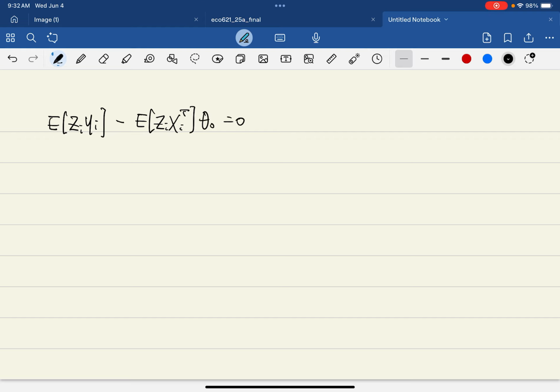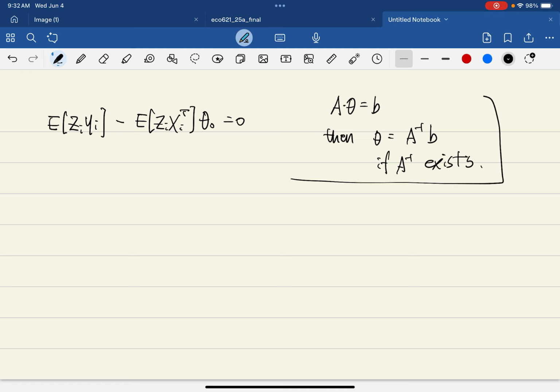This is the moment condition, which is linear in the parameter, right? So it satisfies the form of, say, A times theta equals b, right? And then theta equals A inverse b if A inverse exists. This is basically the identification argument. We are going to use this.